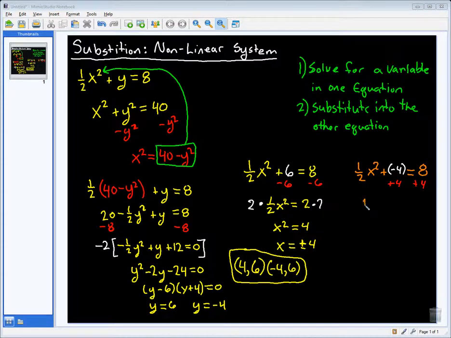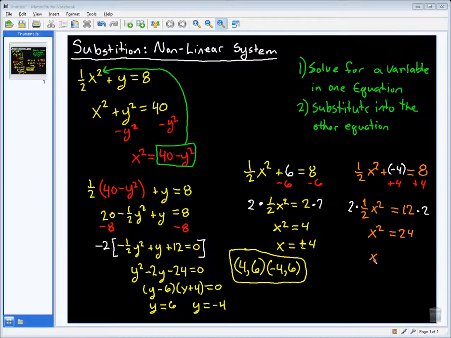And I get 1/2 x squared is equal to 12. Now I'm going to multiply by 2 on both sides to get rid of the 1/2, and I get x squared equals 24.